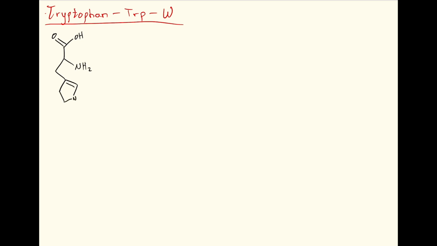But right here, you're going to put an H. And then right next to that, you start making your benzene ring. There you go. It's quite trippy, but that's why they call it tryptophan, huh? Alrighty. Anyway, so that's how you draw tryptophan.